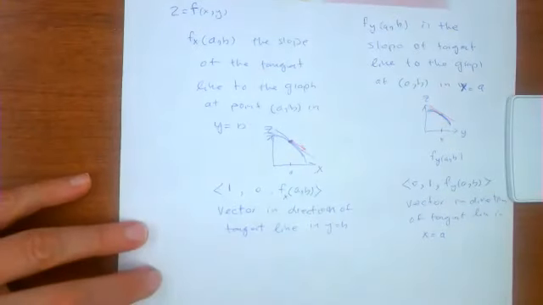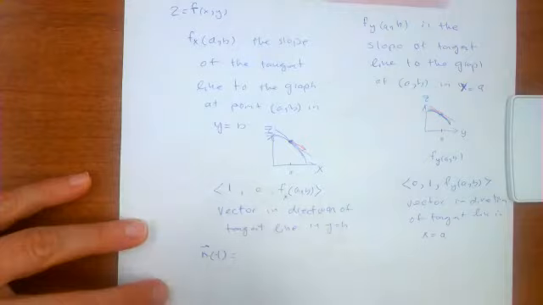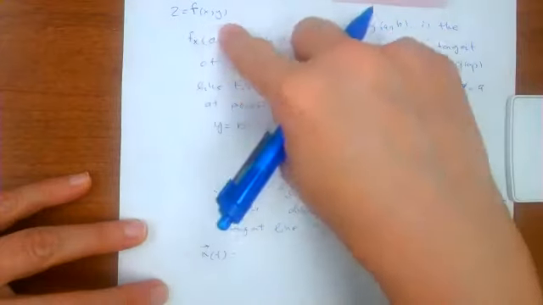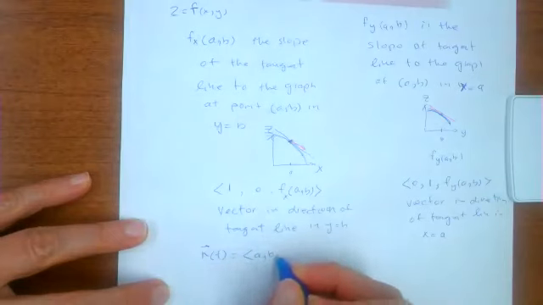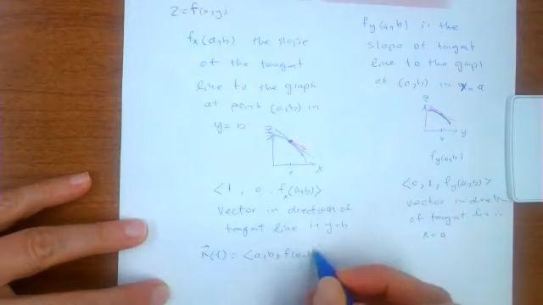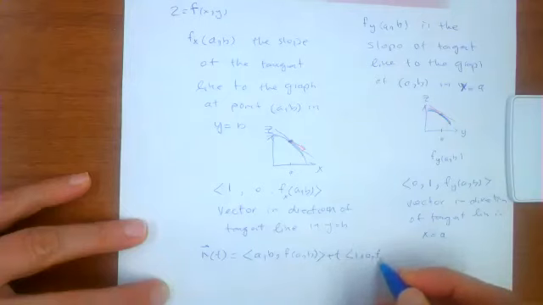So, if I want to find the tangent line itself, I have to basically go r of t is equal to a point. I know a point in here by plugging in a and b. So a, b, and f of (a, b) plus t times that vector.